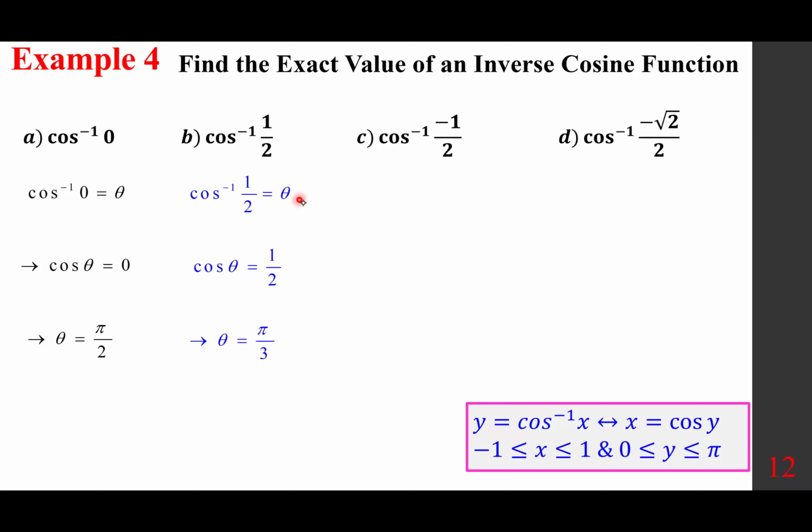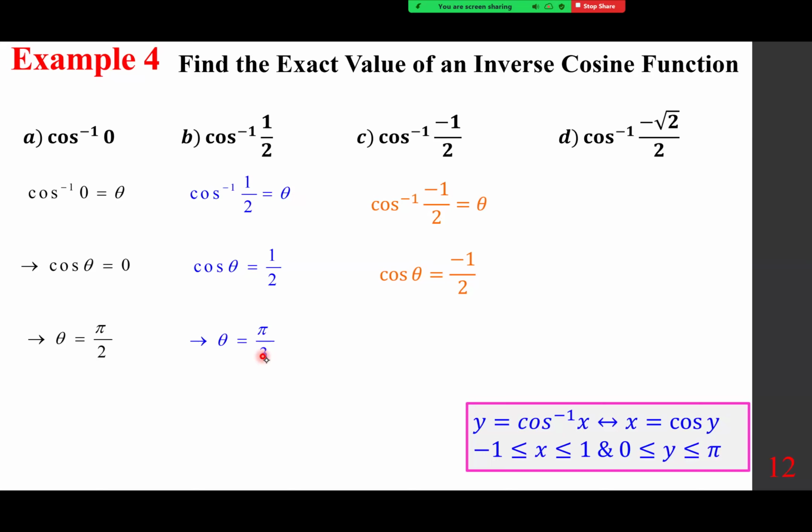Cosine inverse of negative 1/2 is theta. By definition, cosine of theta becomes negative 1/2. Remember, we restrict the domain from 0 to pi. Cosine is negative in the second quadrant. When it's positive 1/2, it is pi over 3.